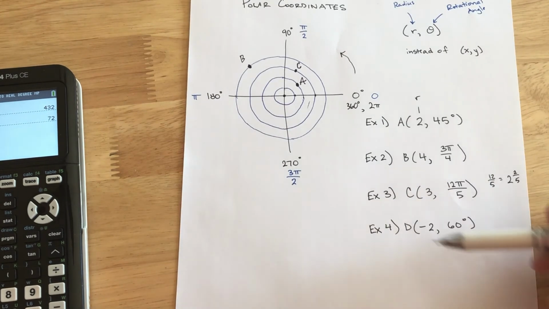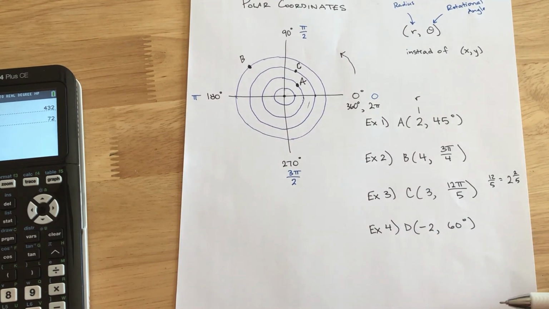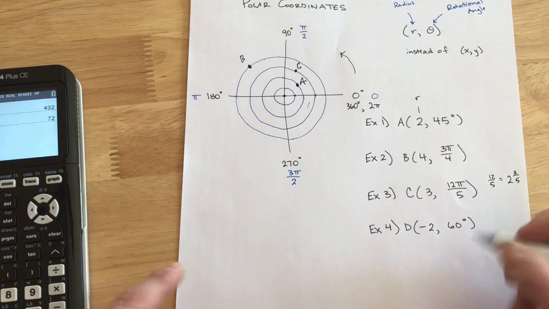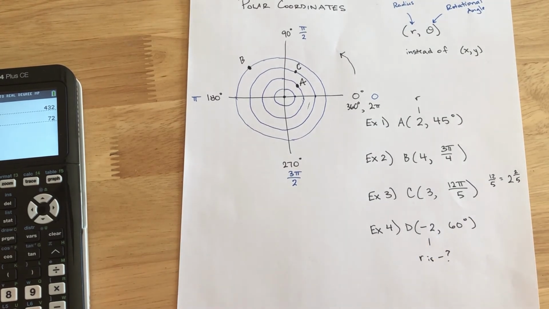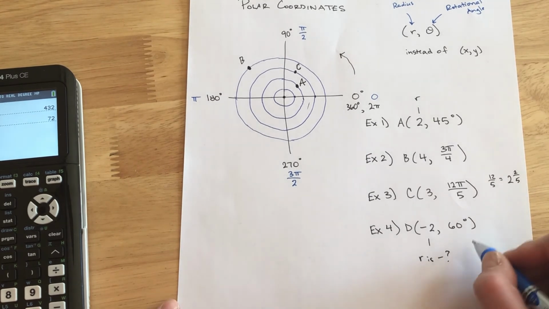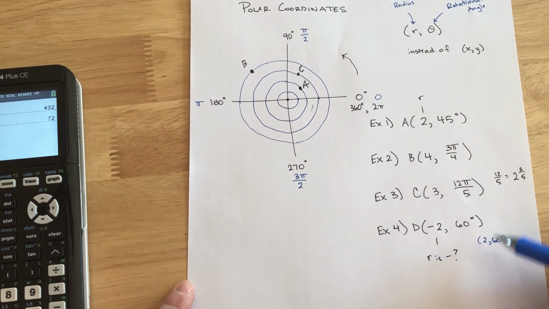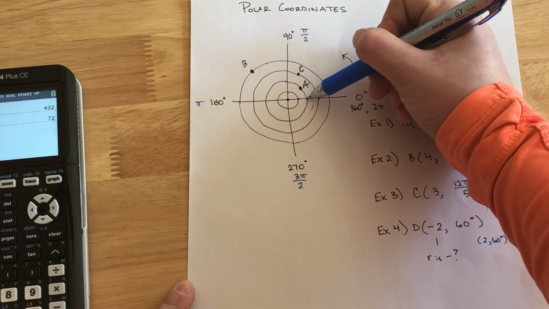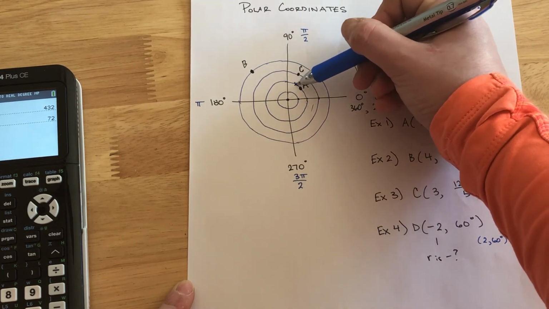And lastly, example 4, point D is located at -2, 60 degrees. So what do we do if the radius is negative? Well, we're still going to locate the original point at 60 degrees, and then we'll deal with that negative. So 2 would put us on that second circle. 60 degrees would be roughly here on our way to 90.